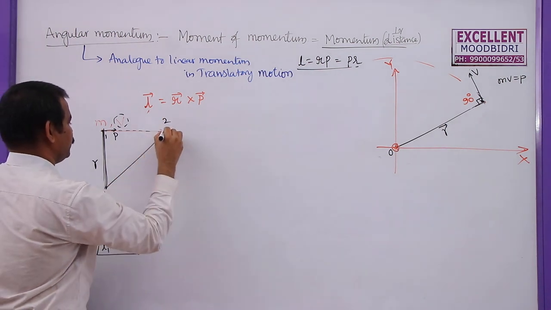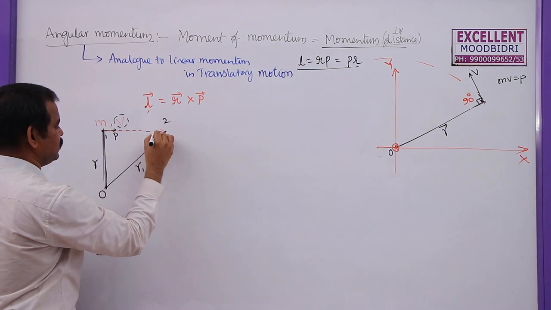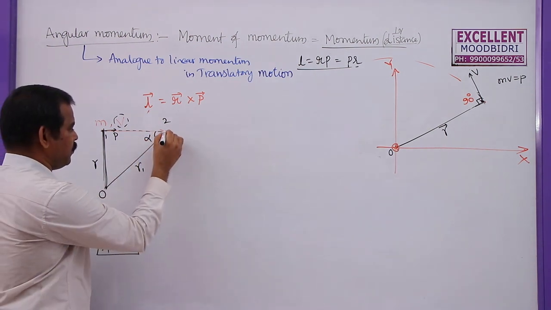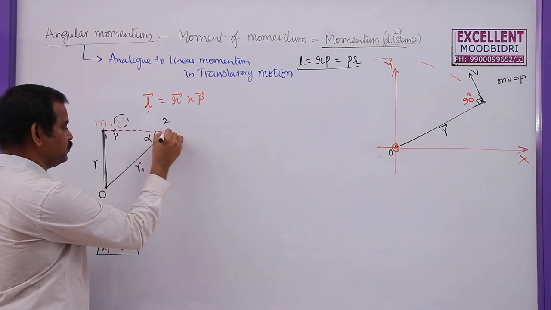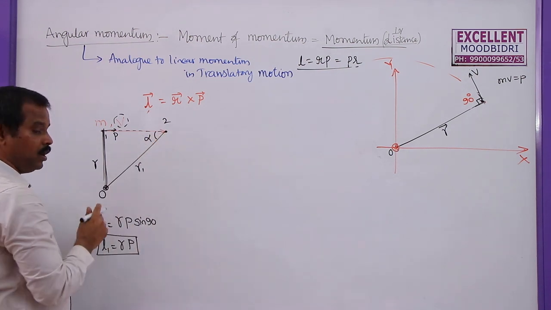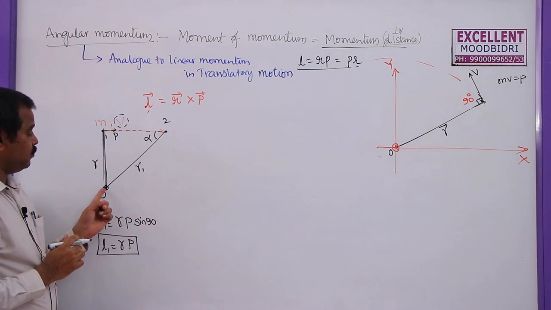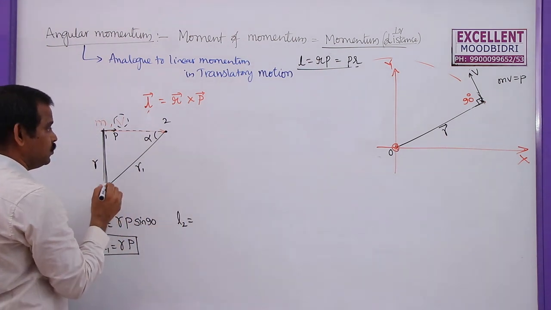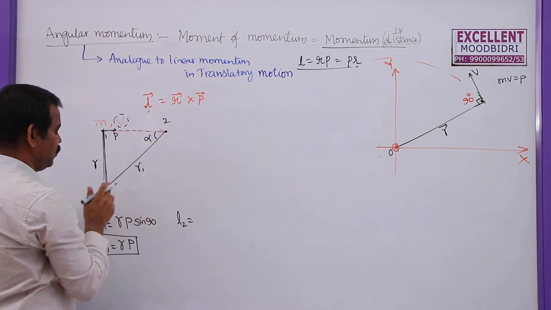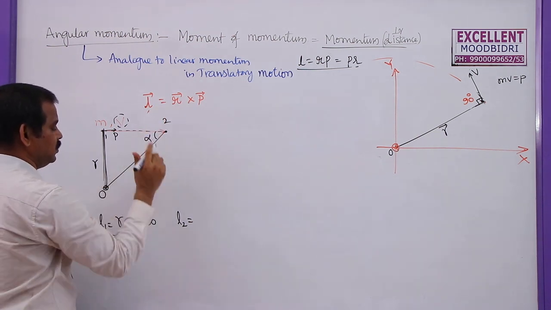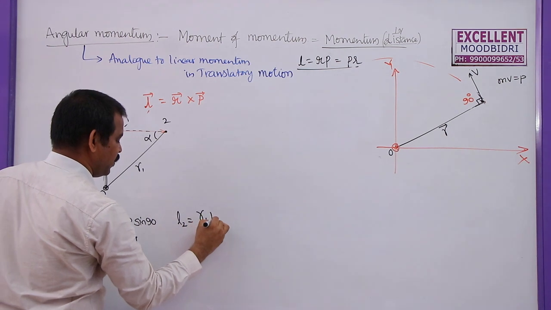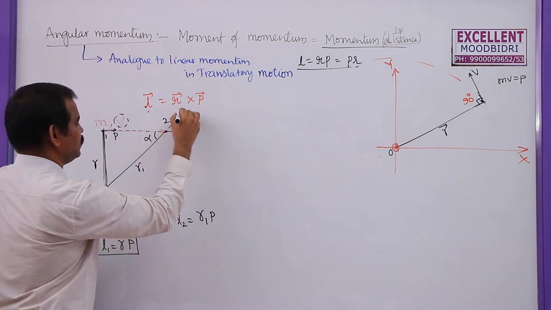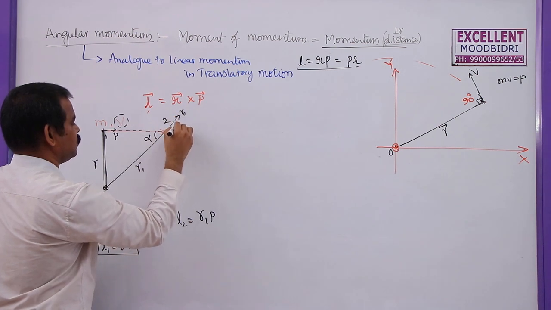Now the distance between these two is r1. Let us say it is making some angle alpha here. So what is the angular momentum of this particle at this point? Always we are measuring the angular momentum about this point only. So L2 is given by the formula r cross p. What is r here? This is the distance, so I have to write r1 p, and if you extend this, this is the momentum, this is the r1 vector, and the angle between these two is alpha.